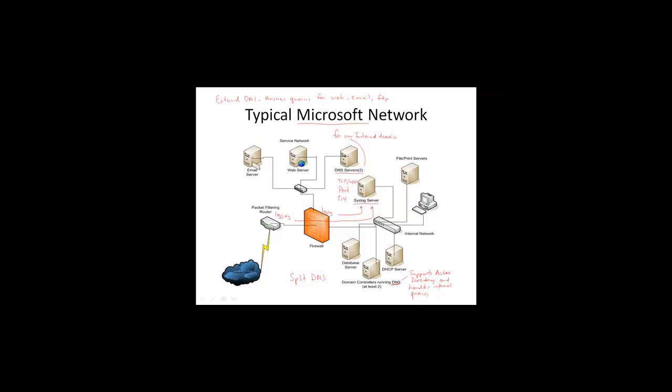And talked about syslog briefly. Now, we're going to come back and we're going to look at some of these networks in more detail after we've done some firewall configuration.